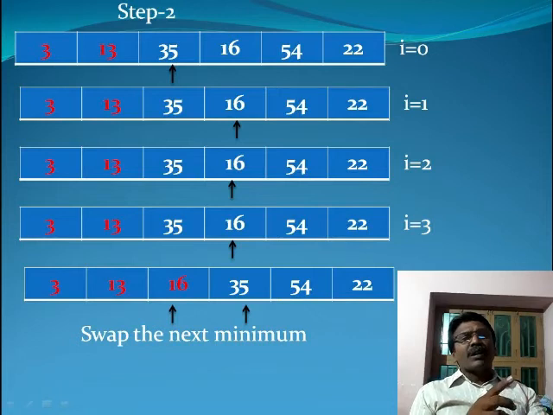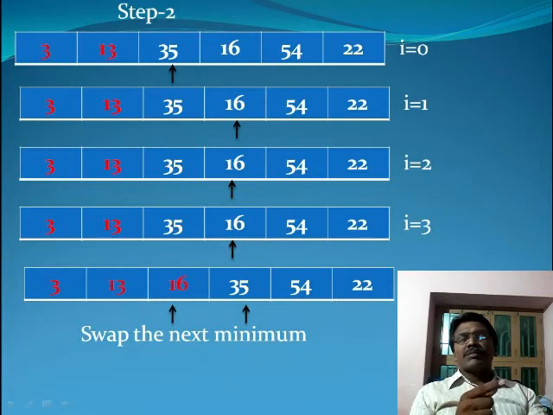So I start with the third element, that is 35. The i is 0, representing the 35 value. The first minimum value is 35. Next iteration, i equals 1. a of 1 is 16.